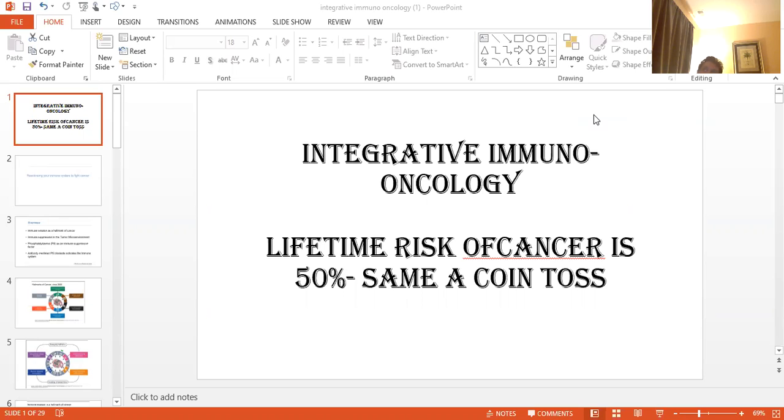Part of the pathology of obesity and metabolic syndrome in general is too much Th17 and interleukin-6.